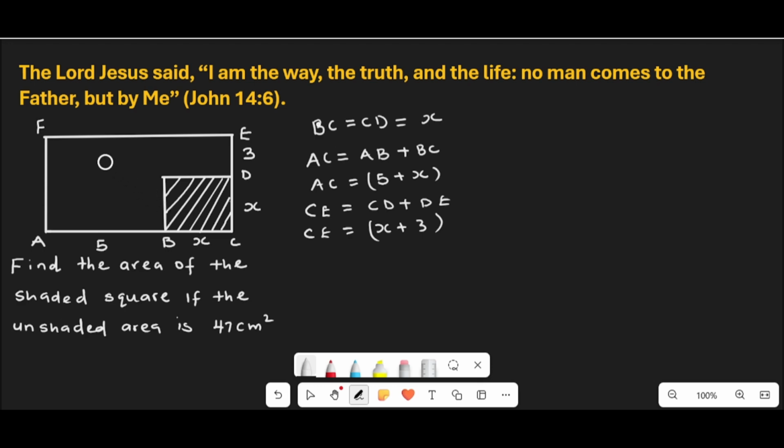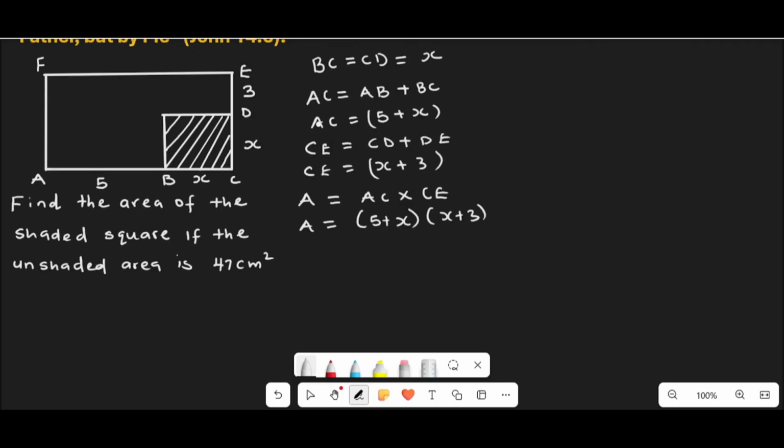Now let us find the area of the whole rectangle. So area of rectangle A equal to AC multiplied by CE. That means A equal to (5 plus x) times (x plus 3). So let us expand it.